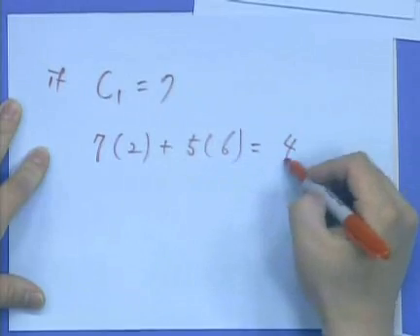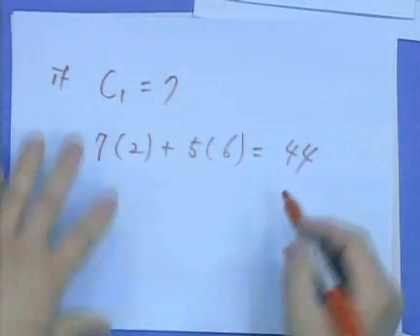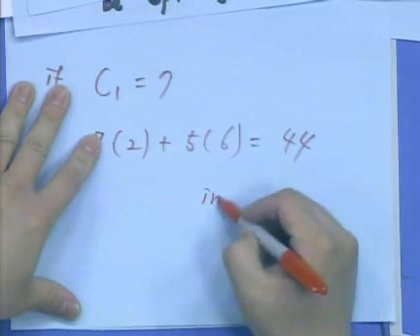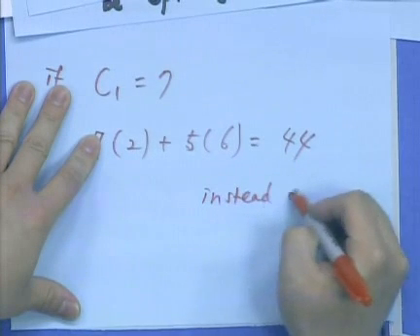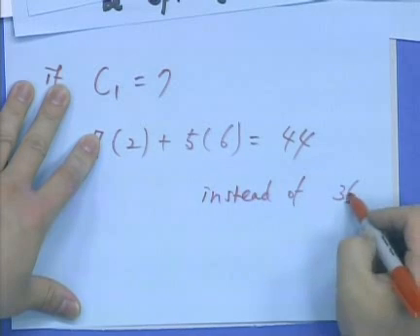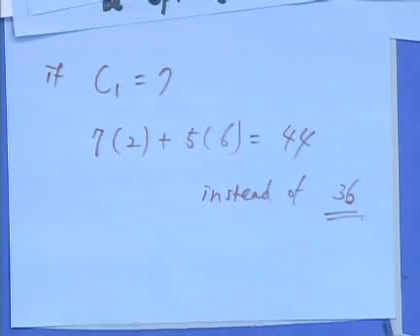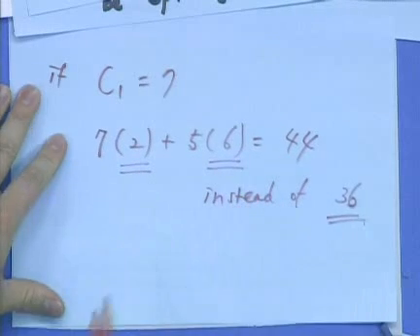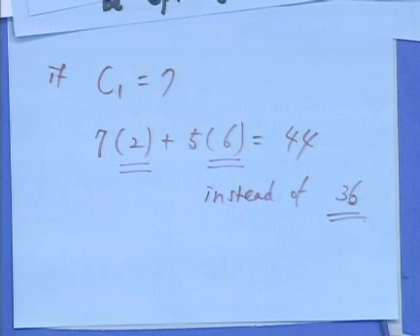Which is 44 instead of 36, right? But the point is, we still have the same optimal basis, okay?